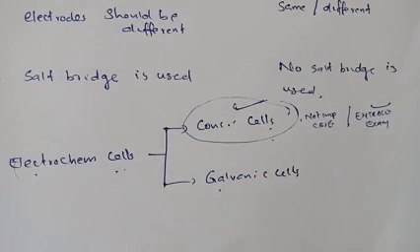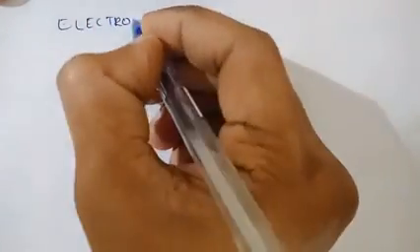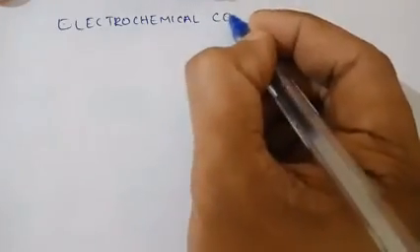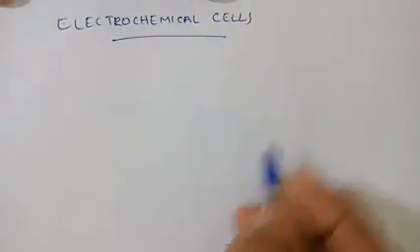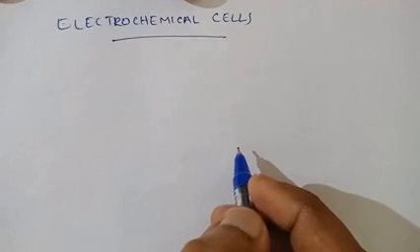There are not many different cells. So we can move to electrochemical cells. So this is the first thing, electrochemical cells.